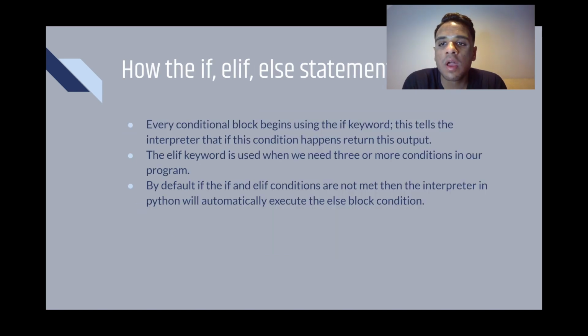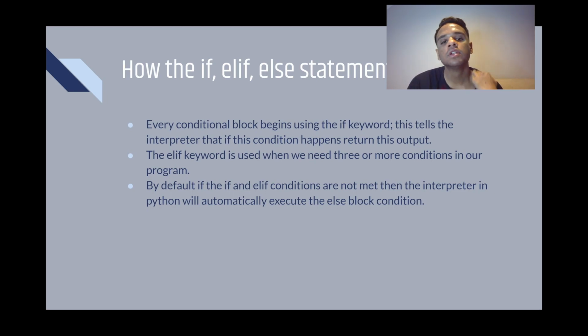So how does the if, elif, else statement work in Python? Every conditional block begins using the keyword if. Every time you start an if-else statement or a conditional block, you must start with the if statement. If this happens, do this, else do something else.